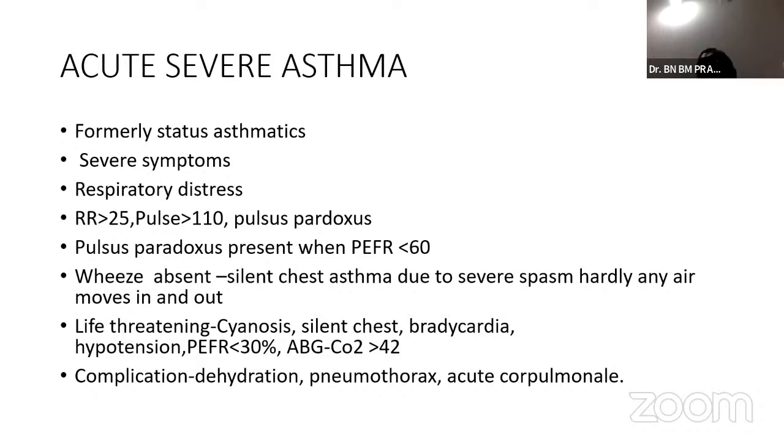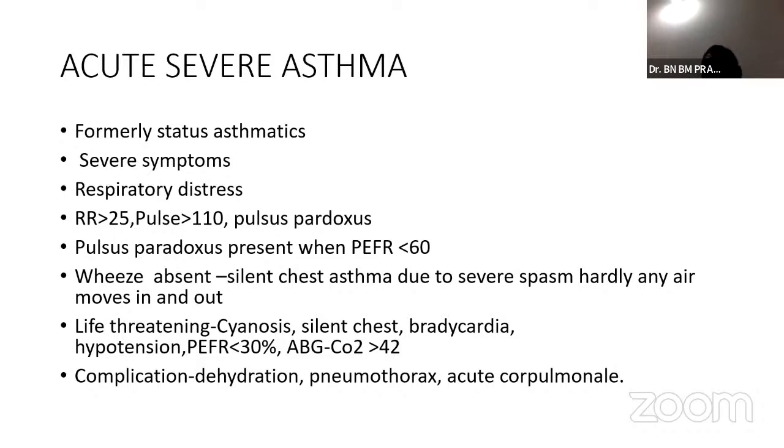We call it the crossover value when the PCO2 becomes 40. And thereafter, they can develop what is called hypercarbia. Different degrees of hypercarbia can occur, and they go into carbon dioxide narcosis and unconsciousness. And that indicates the patient has a very severe life-threatening asthma.